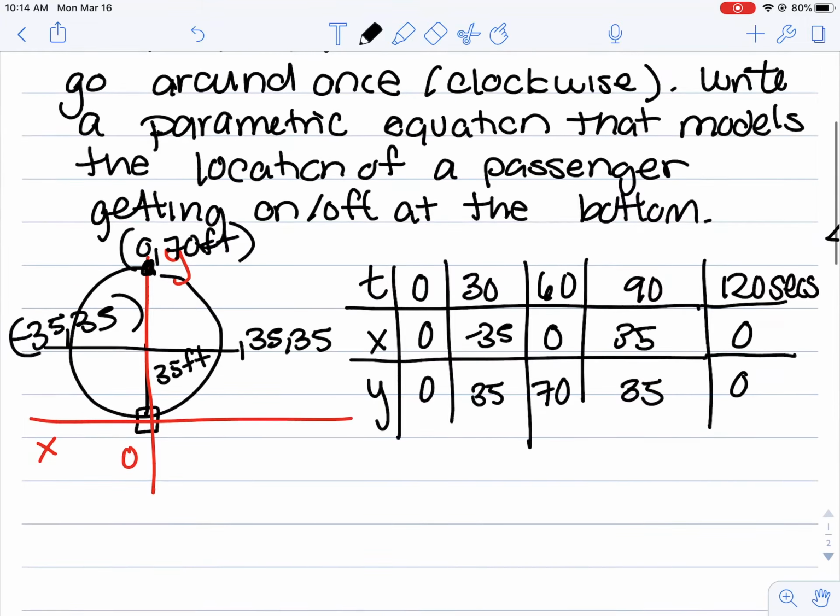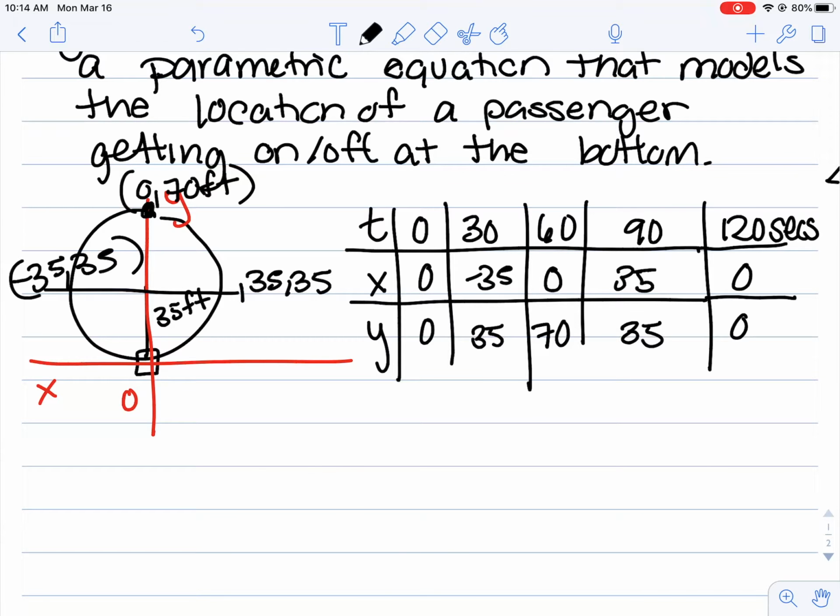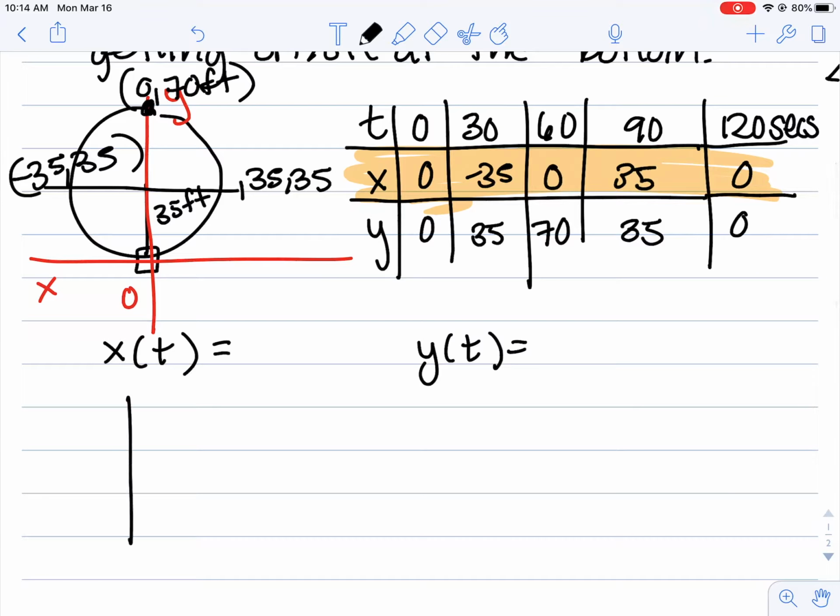Okay, so then let's write a parametric equation for x and for y. So let's start with x. Our input is time, output is our x value. So we're going from 0 to 120.